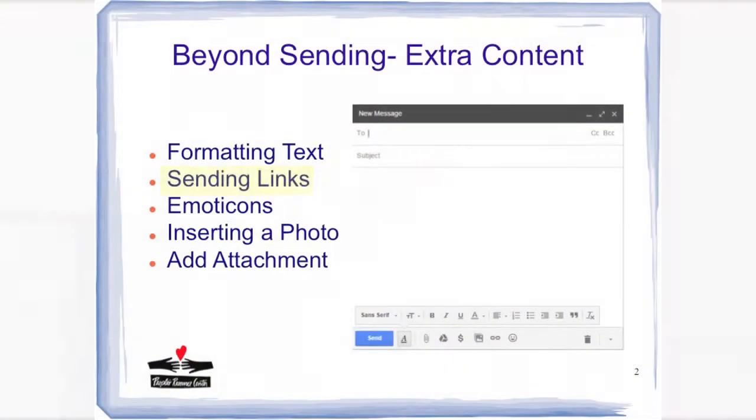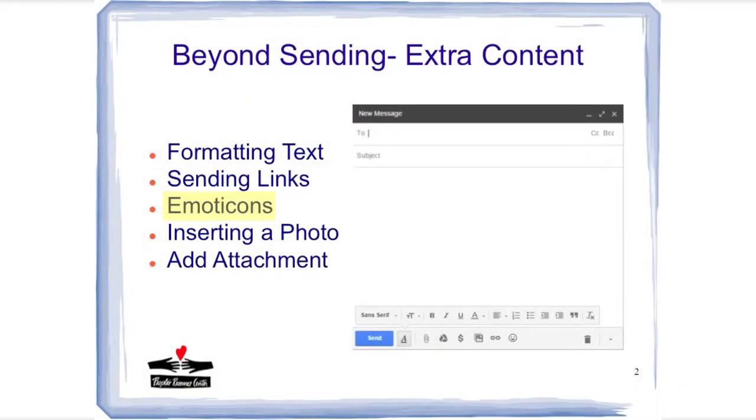If you're sending a link to somebody, here's something I found on the web, you can include the text in here. You can copy it from your browser and paste it in here. And if you click this little icon that looks like a couple of links in a chain, that will allow the person, when they receive it, to just click on it and follow it as a link. Emoticons, the little funny shapes with figures, you can add to your Gmail.